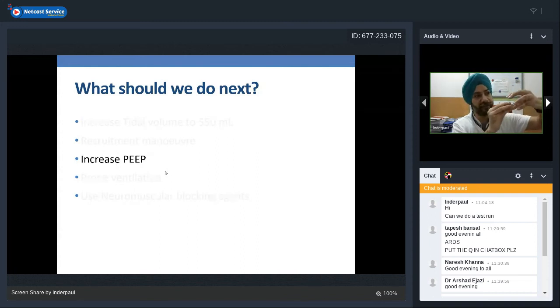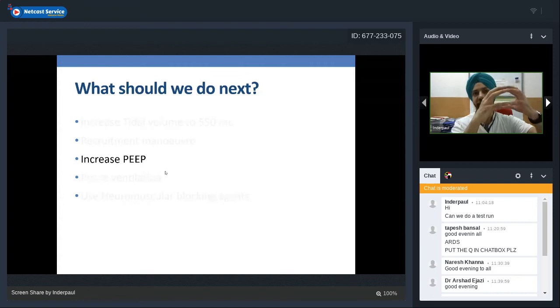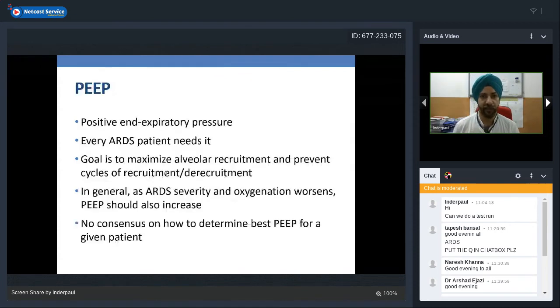So the pleural pressures are high, they compress the alveoli, and that is what causes the collapse of the alveoli. By giving extrinsic PEEP which is optimal, it just counteracts the high positive pleural pressure and keeps the collapsed alveoli open. So that is the physiology behind giving extrinsic PEEP in patients with ARDS.